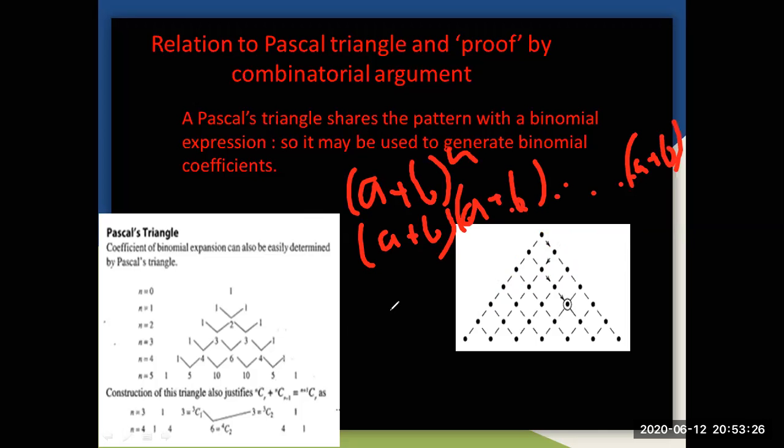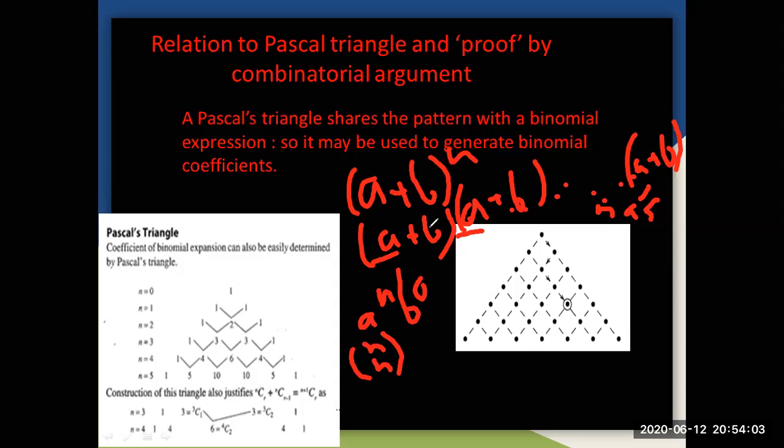One of the terms is a to the power of n, b to the power of 0. So what we are asking is, there are a total of n a's, and how do we pick those n a's to get a to the power of n, which is basically n choose n.